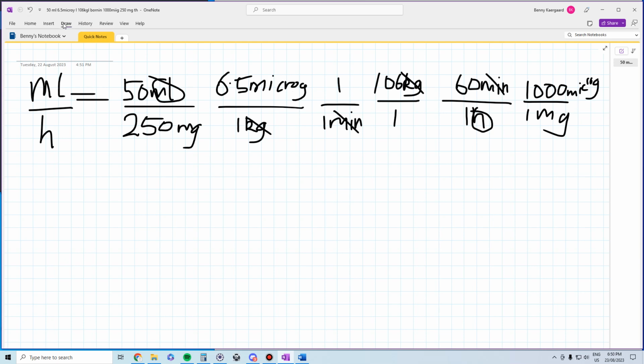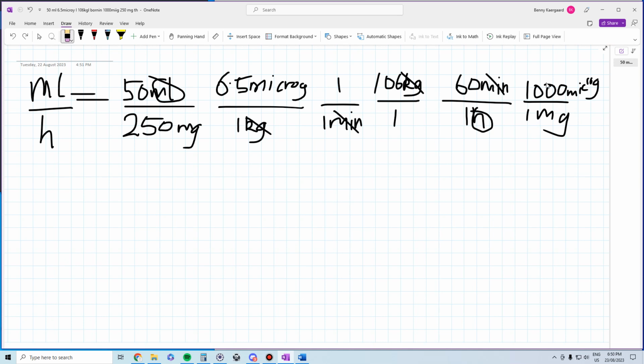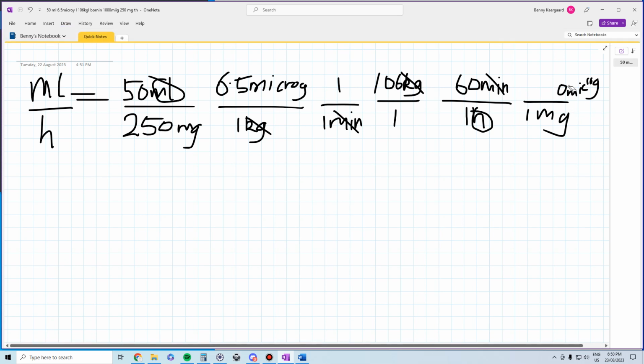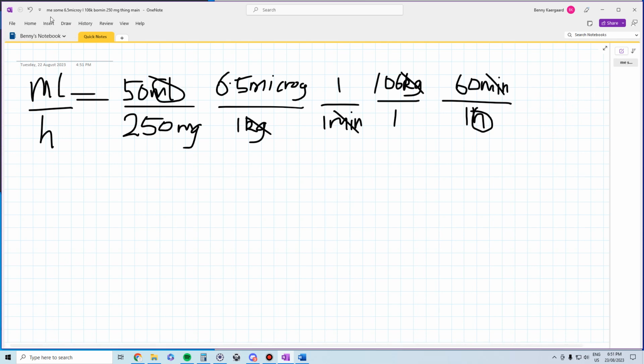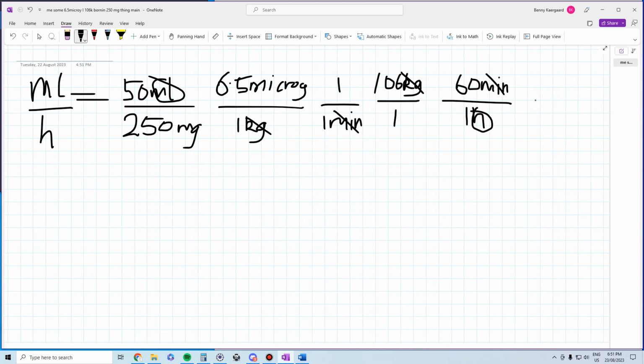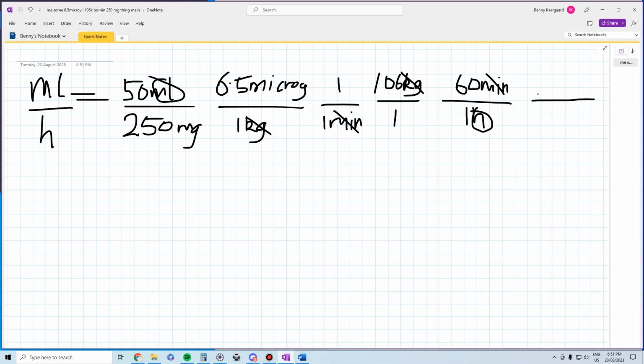So that's why we can't convert like this. We've got to have micrograms on the bottom.